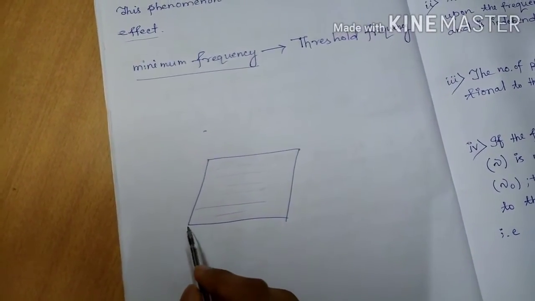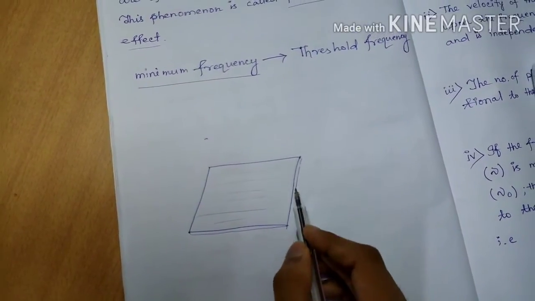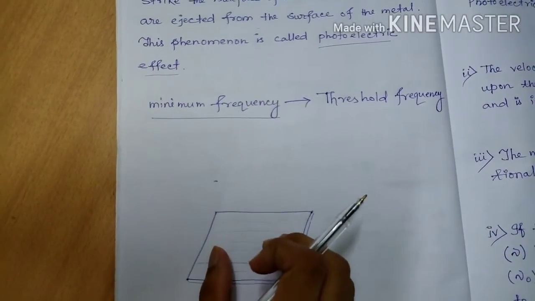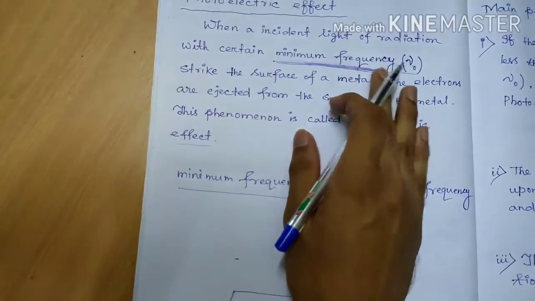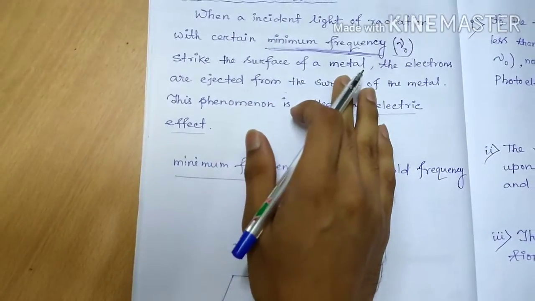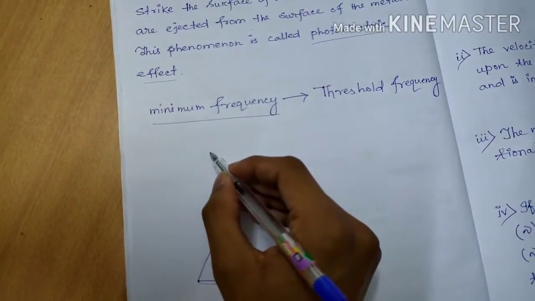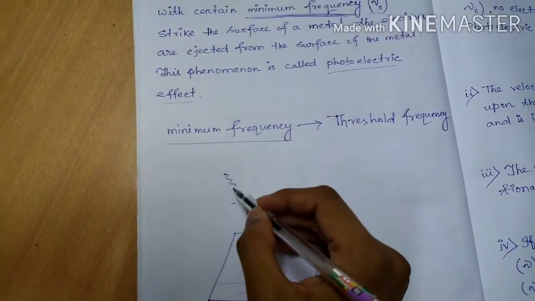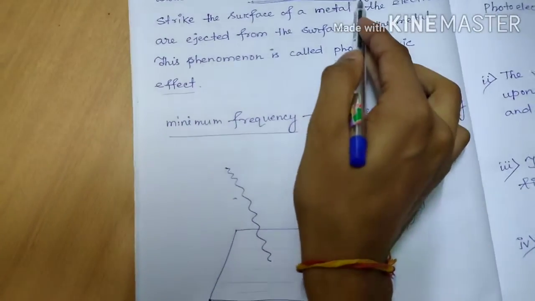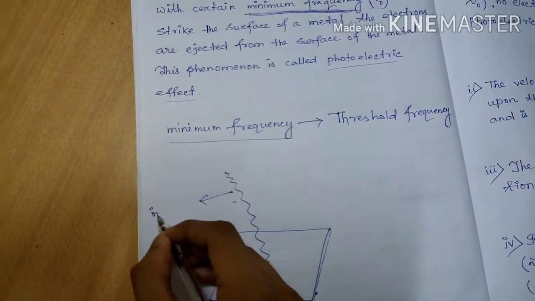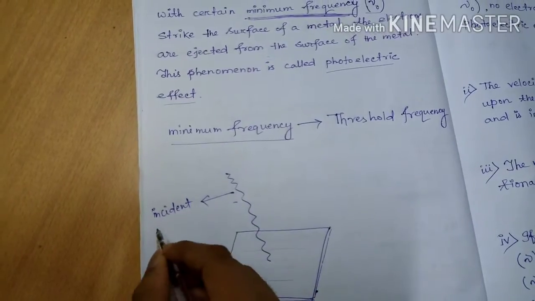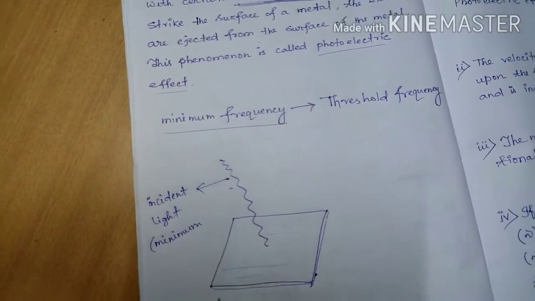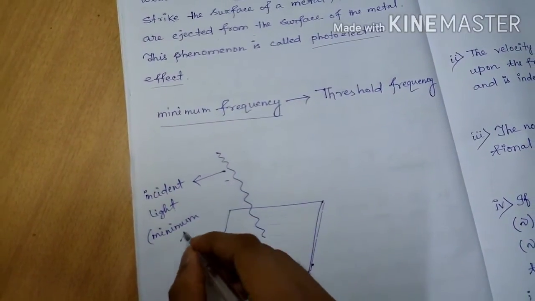According to the definition of the photoelectric effect, when incident light of radiation with a certain minimum frequency strikes the surface of the metal, suppose this one is the incident light, having this certain minimum frequency, then only will the electrons be ejected from the surface. Minimum frequency.